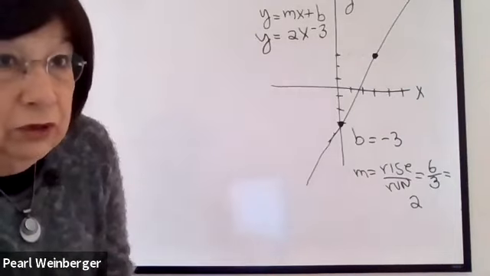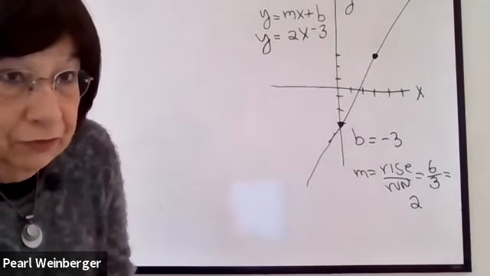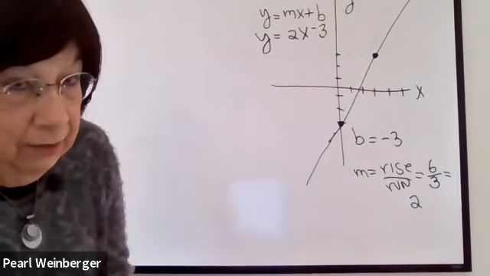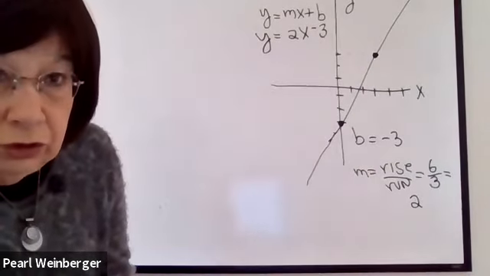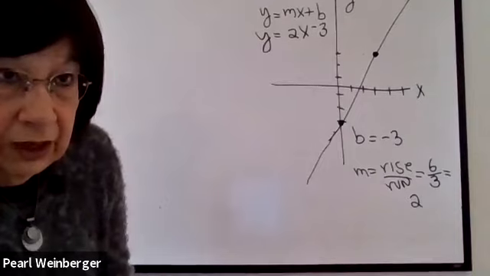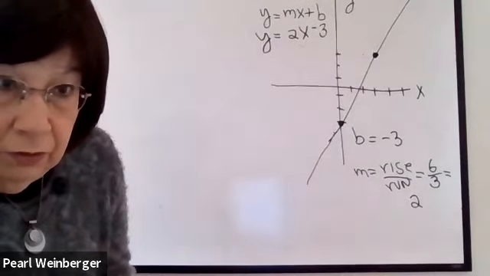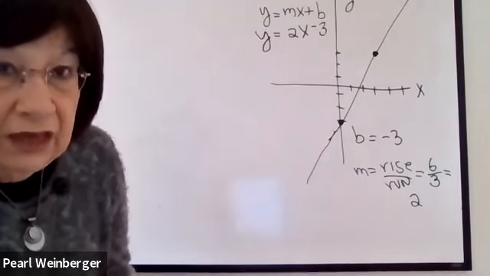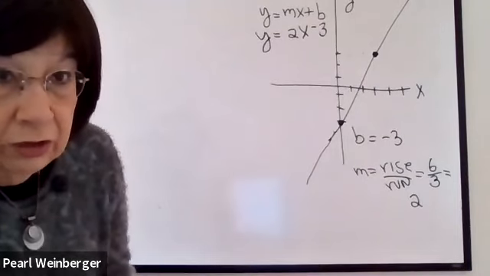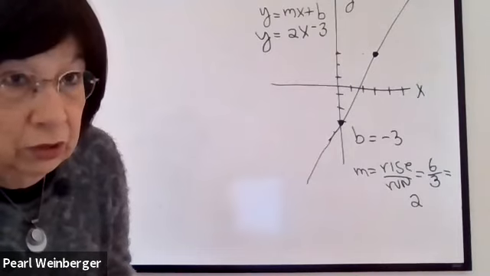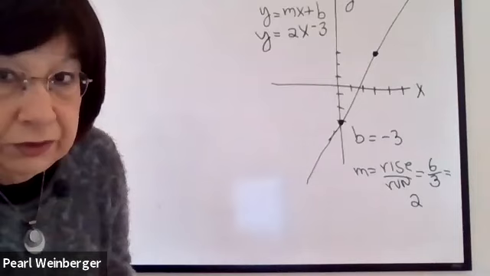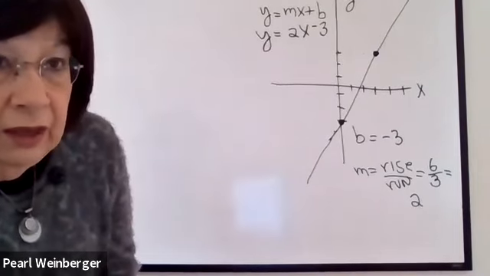Or even if you weren't happy with your mark on the first quiz and you'd like to redo it, just send me an email and I will go into your Delta Math account and reset it so that you can take the test again. But you have to tell me that you want to do this.